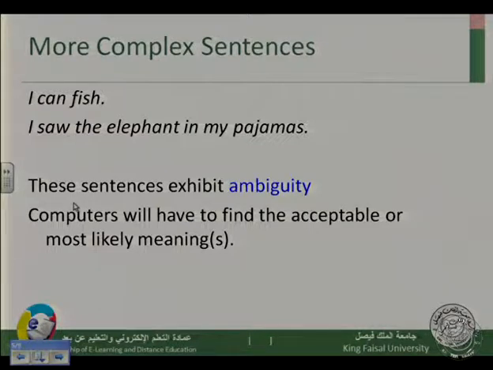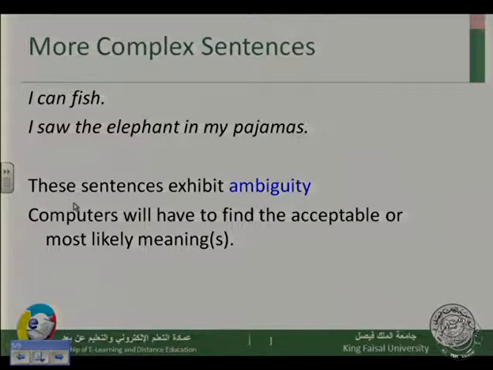I have cans, and then I take fish and put them inside the cans. Say, this is my job. I can fish. It's like saying, I teach English. Or it means that I am able to fish. I can go to the sea and I can catch some fish.